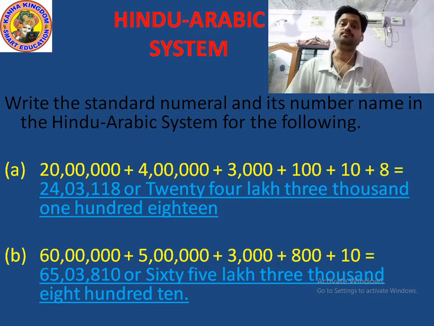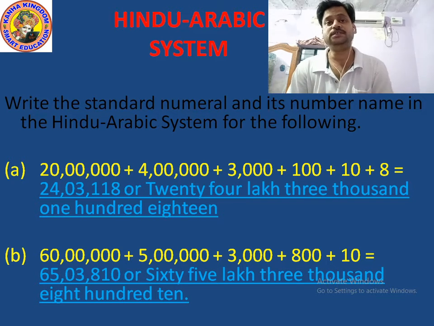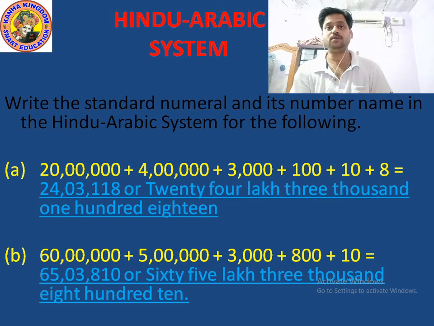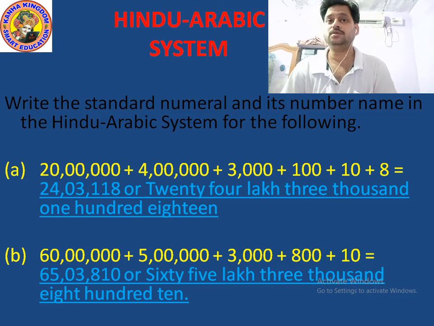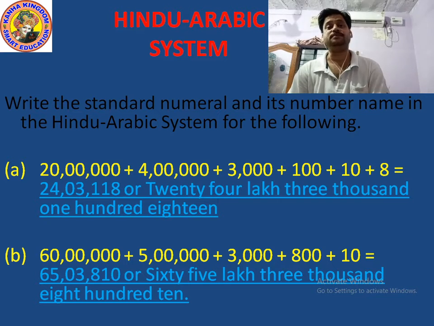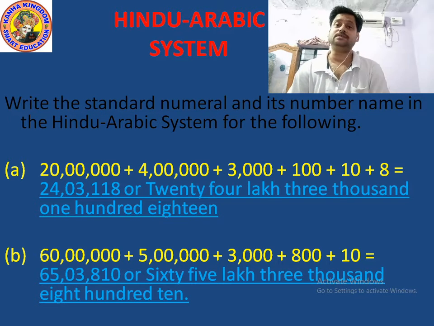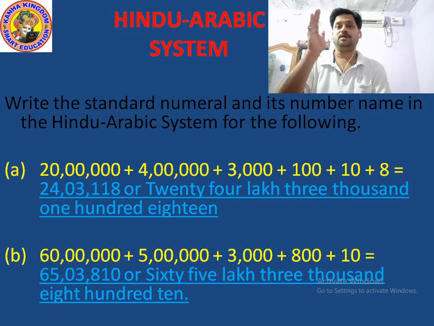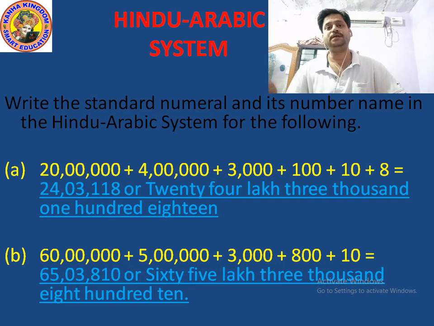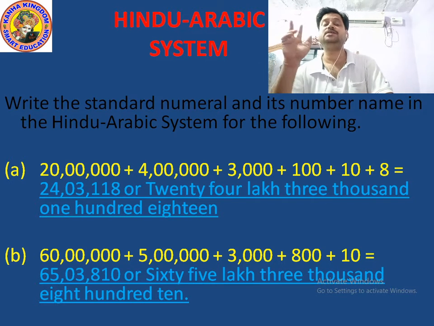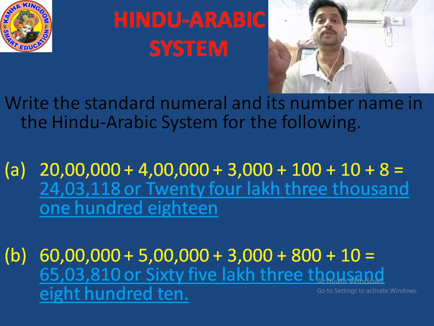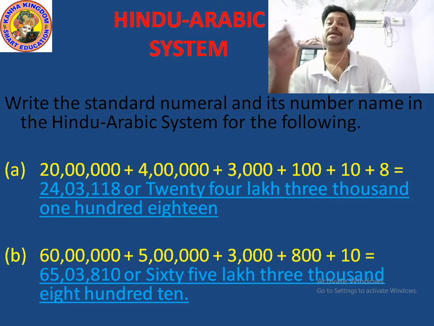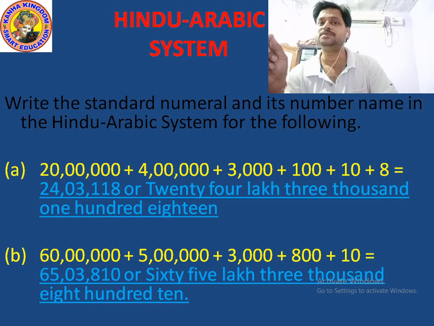Now 3,000. Is anything missing? Yes, one number is missing. Which place value is missing? Before lakhs period is thousand period, and in thousand period there are 2 place values, thousands place value and 10,000 place value. So which one is missing?